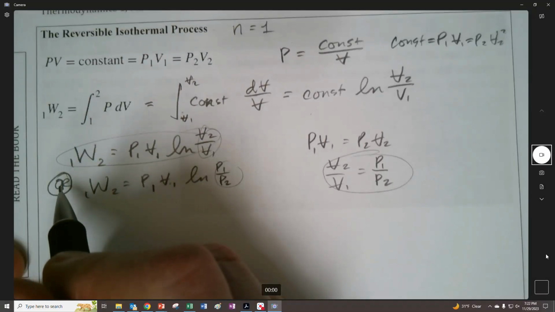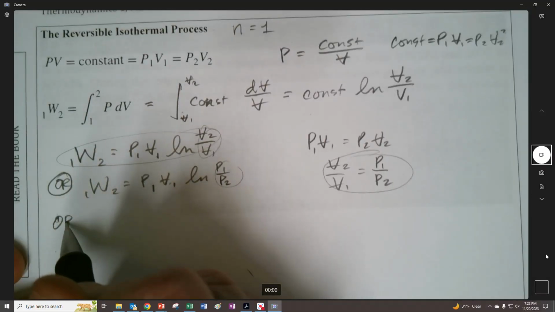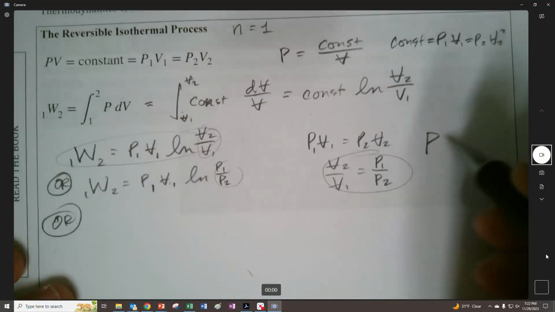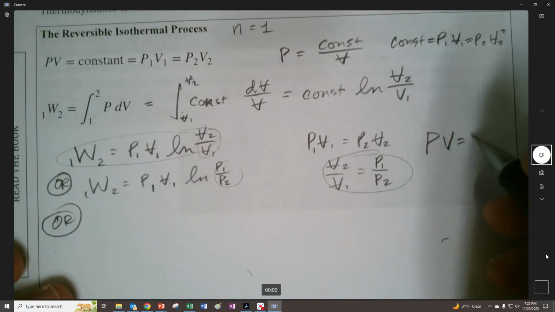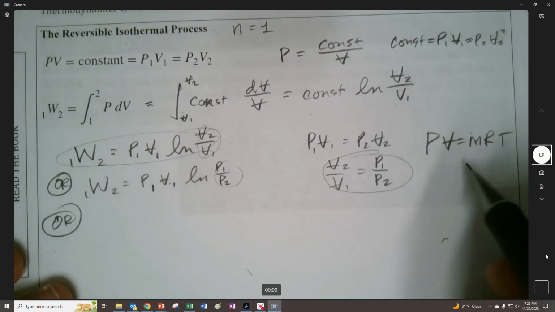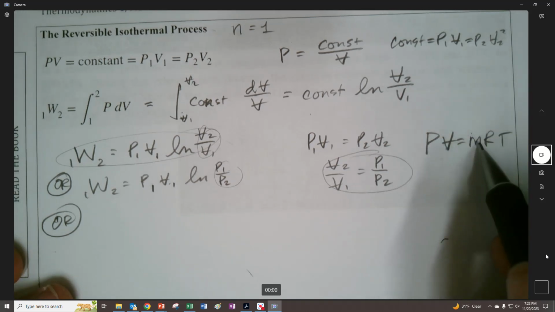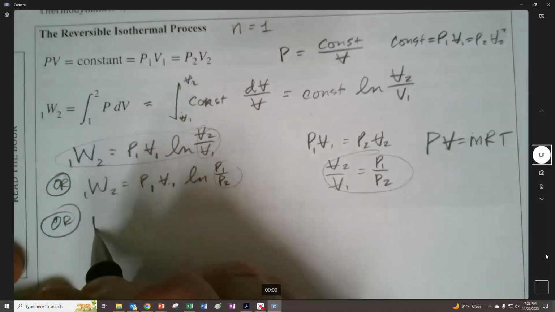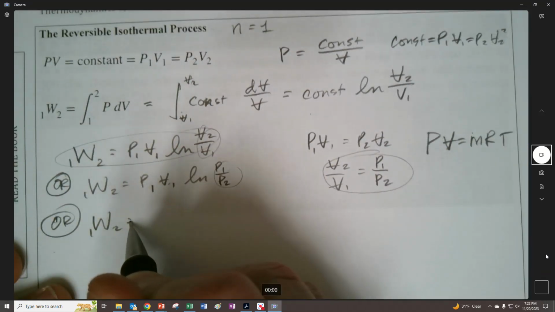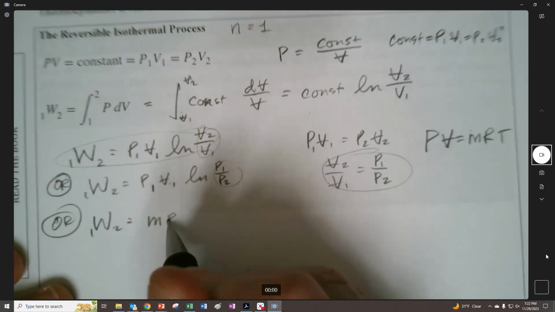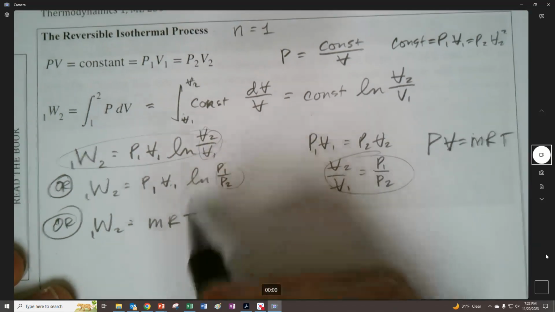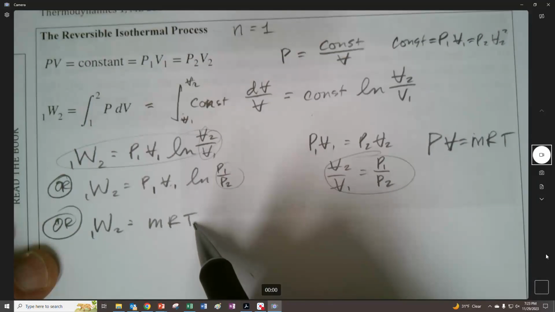We also have the option, because PV equals MRT, and that's big V, not little v, so that M is still in there. We could say that the work between 1 and 2 is going to be M times R times T. And if this is isothermal, it doesn't matter, we don't have to put a number here.